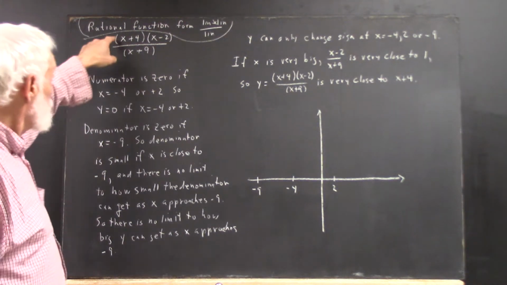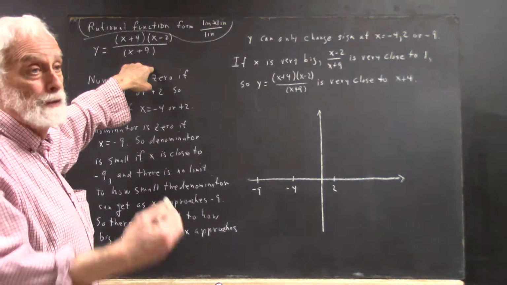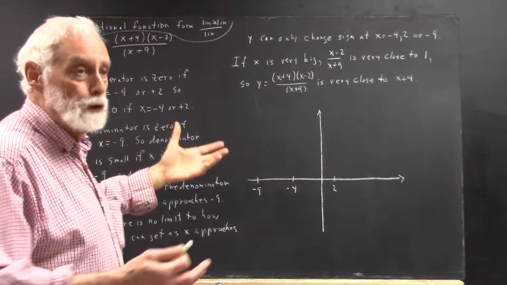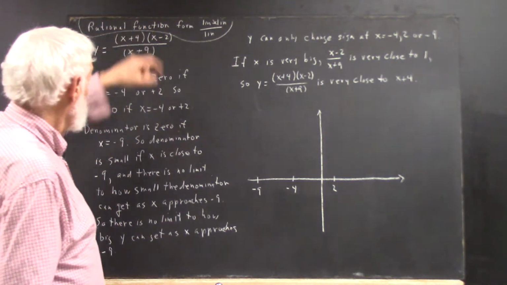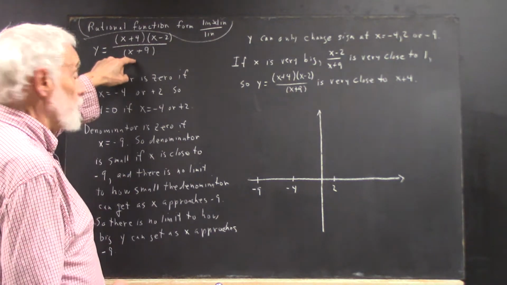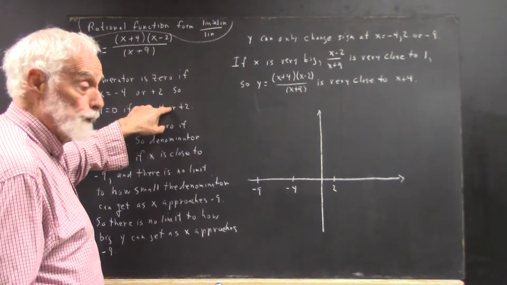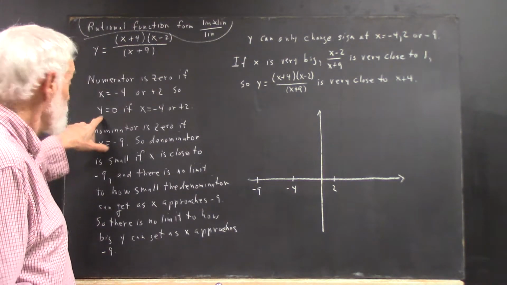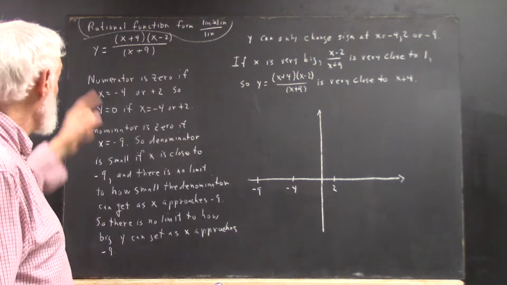Now, if the numerator is 0, it doesn't matter what the denominator is unless it happens to be 0, in which case x wouldn't be in the domain of the function. But if the numerator is 0 and the denominator isn't 0, which is the case for x equals negative 4 and plus 2, then the y value is 0. So we're going to have zeros of the function at those points.